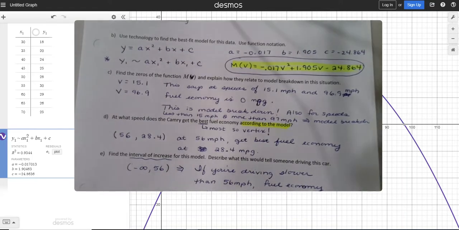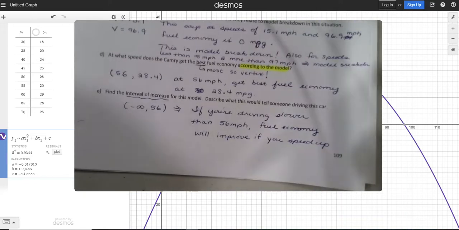Of course, the flip side of that is if you're going more than 56 miles an hour, your fuel economy will actually get worse. We go back down, or we get an interval of decrease right past 56. But if you're going less than 56, you'll actually do better on your fuel gas mileage if you go a little bit faster.